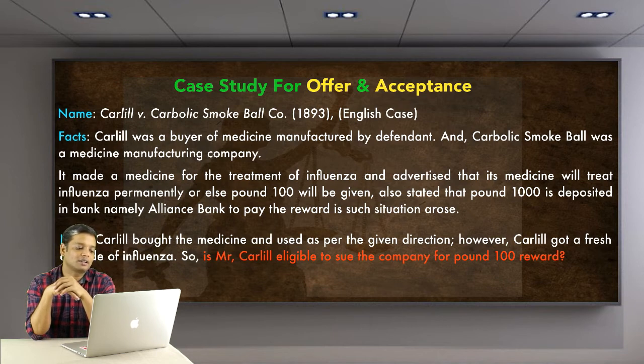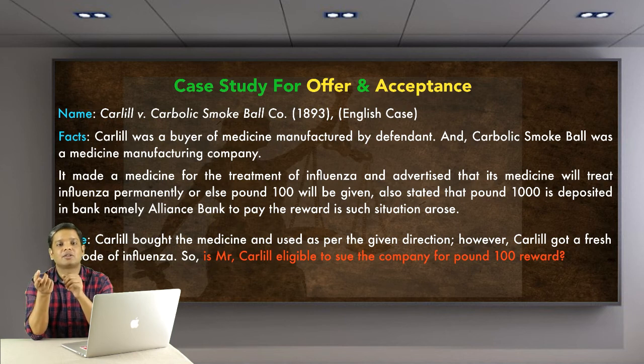Then in the court, what did the Smoke Ball company argue? Basically, that it was not an intention, rather I made the advertisement for marketing purposes. So I wasn't interested or intending to give the reward.